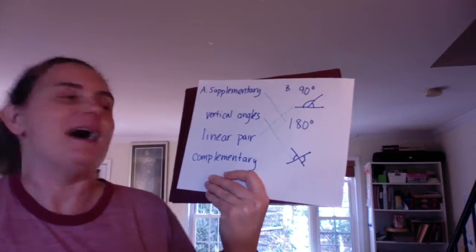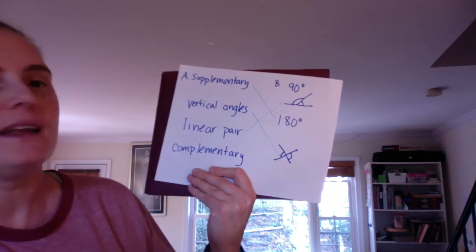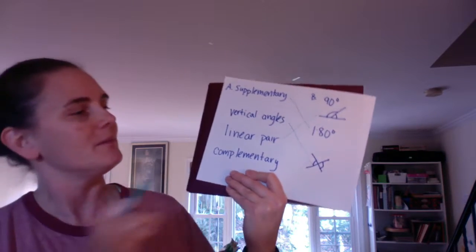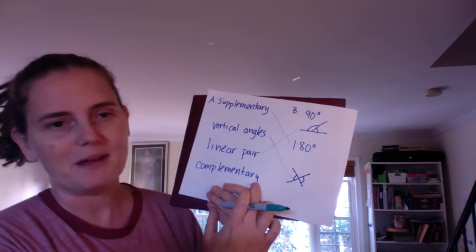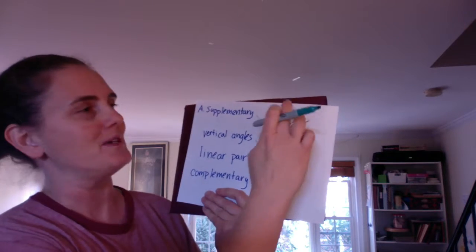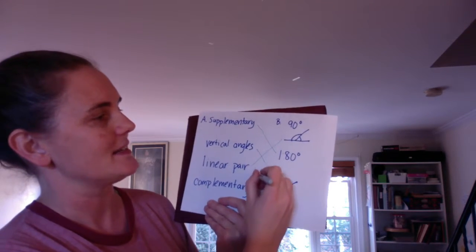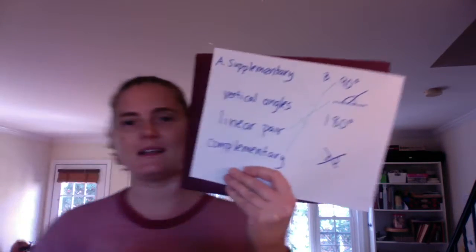And then last one is the word complementary. For two angles to be complementary, the number that should pop into your head automatically is 90 degrees. All right, so there you have it. There's your brief review. So let's move on to these exciting new theorems.